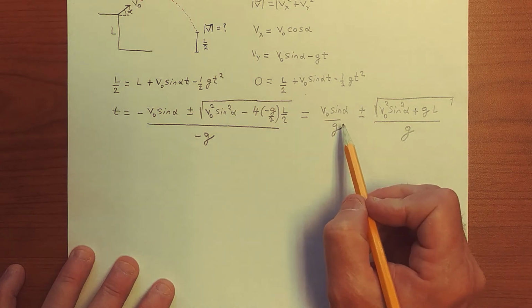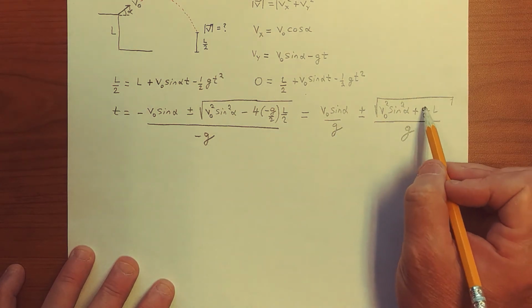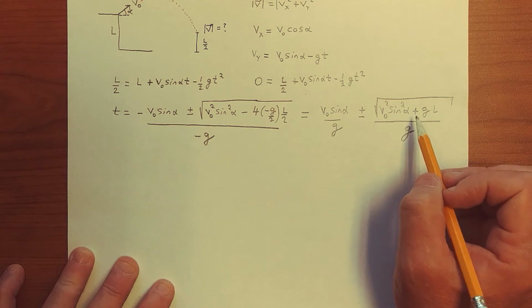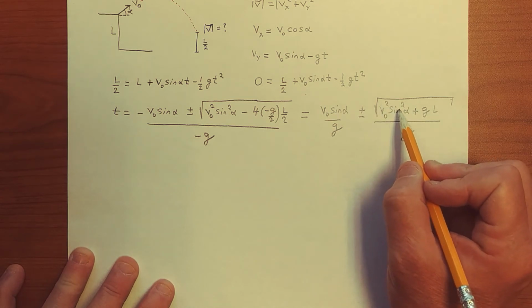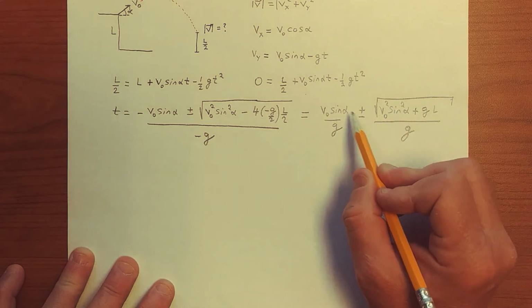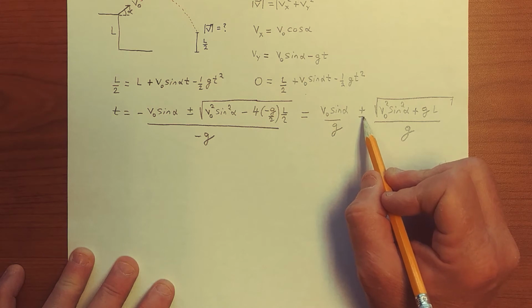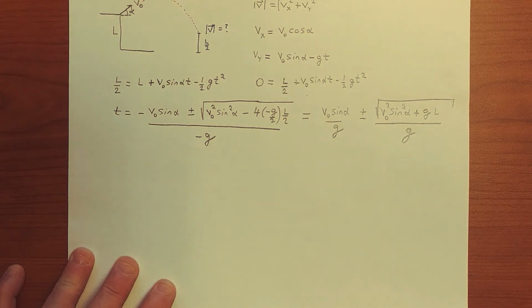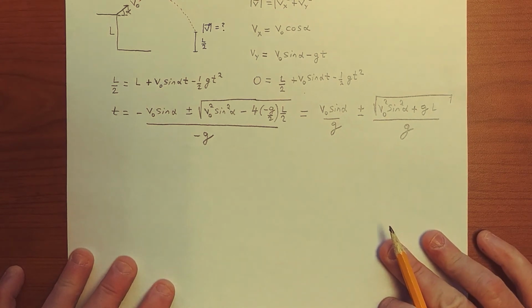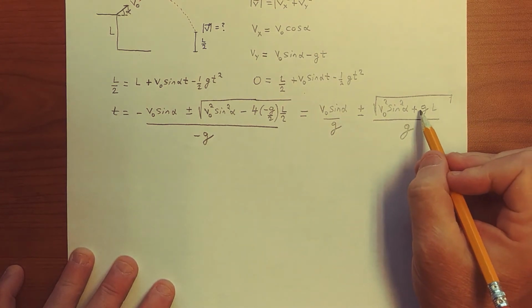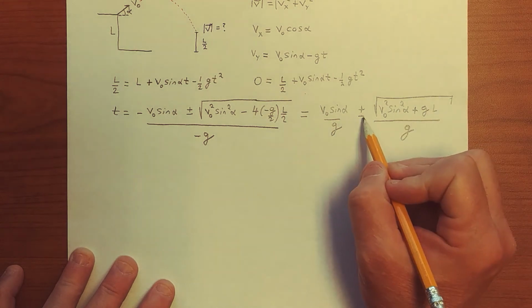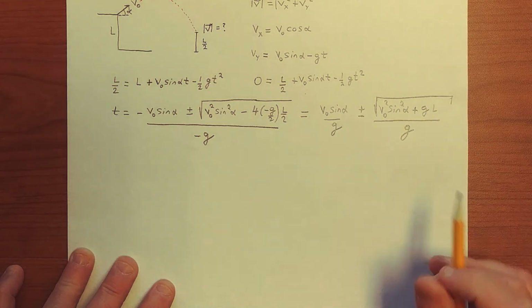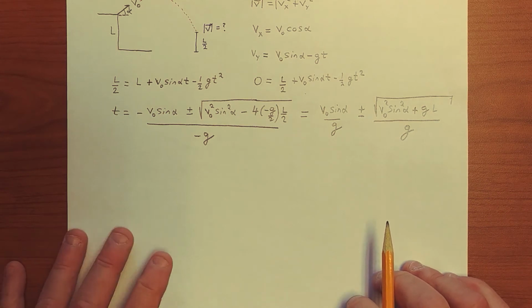And notice that if we get rid of the GL term and we take the square root, then this just becomes this. And so if we subtract, that would give us 0. And so given that we have this extra term here, if we choose the negative, then we get a negative time, and what we want is a positive time.